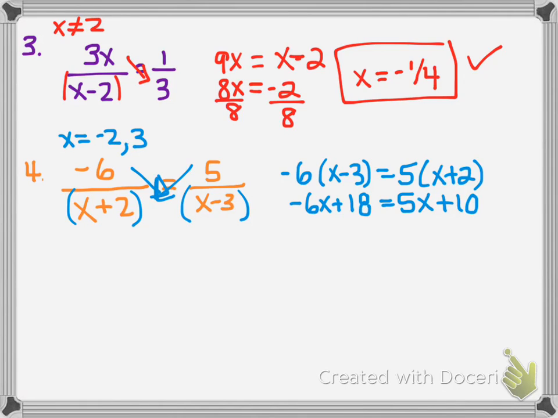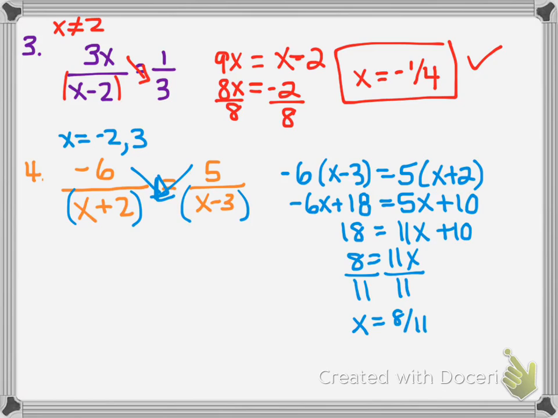So I'm going to bring 6 to the right just so that I can make the x's positive and get 11x. Subtract 10 and I get 8 equals 11x. And x equals 8 over 11, which cannot simplify and is not -2 or 3, so that is good.